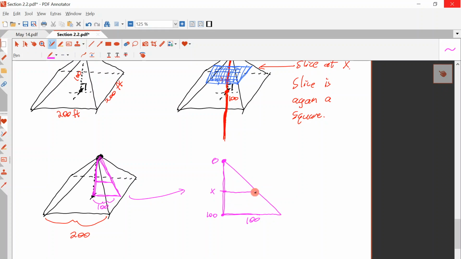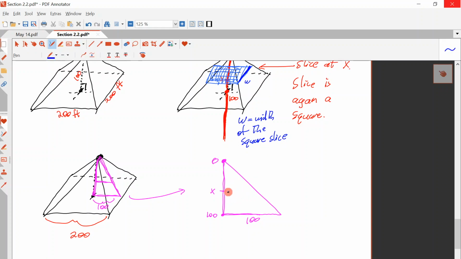And now we have this length right here is what we're interested in. Right? And that length right there is half the width of that blue triangle. So let's give that blue triangle sides of width W. All right, so W is the width of the square slice.